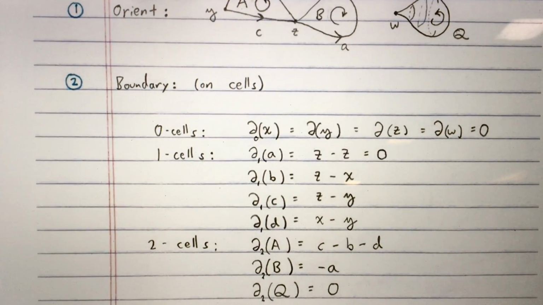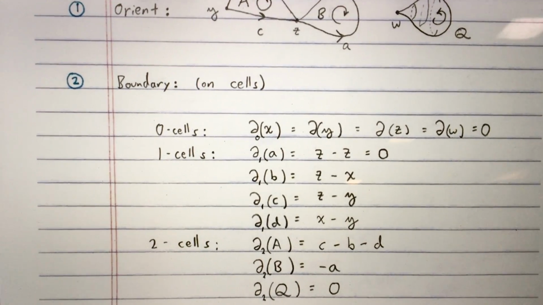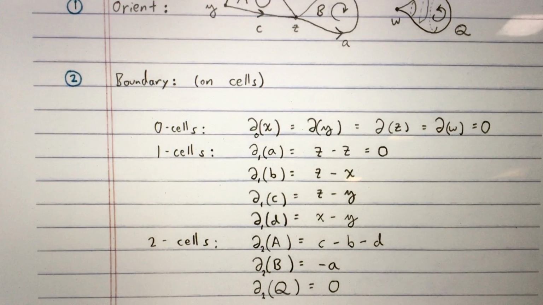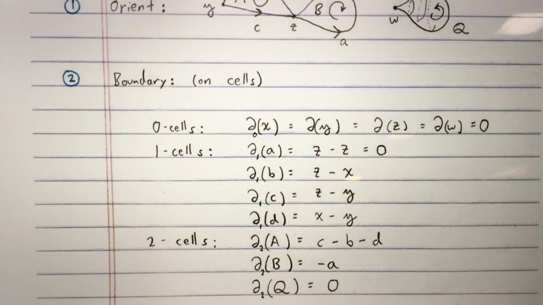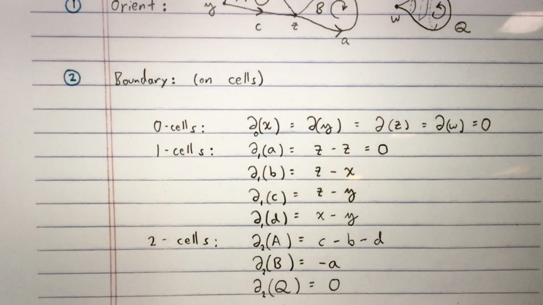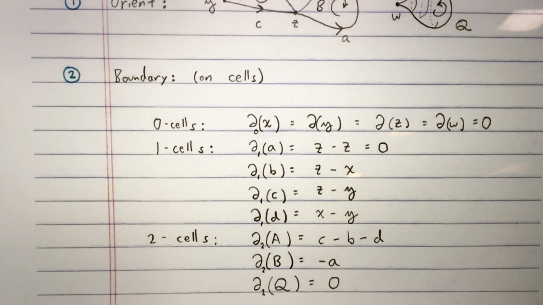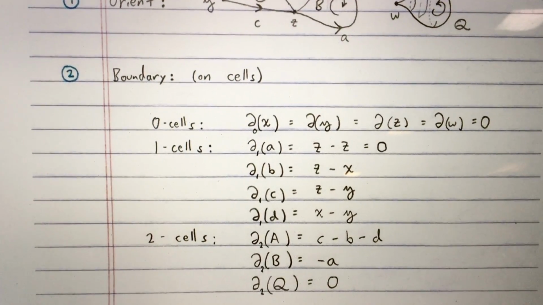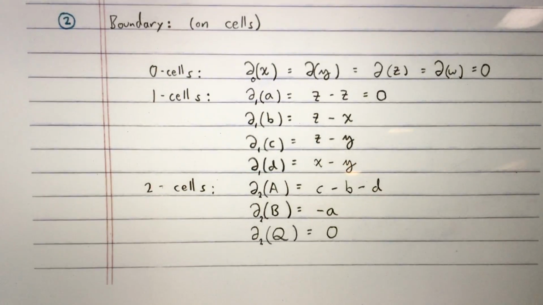We're not interested in going down 2 dimensions, so it has a boundary of 0. But also, if you glue an entire 2-cell onto a point, it's as if the boundary disappears there and just becomes 0. That's it for the boundaries.